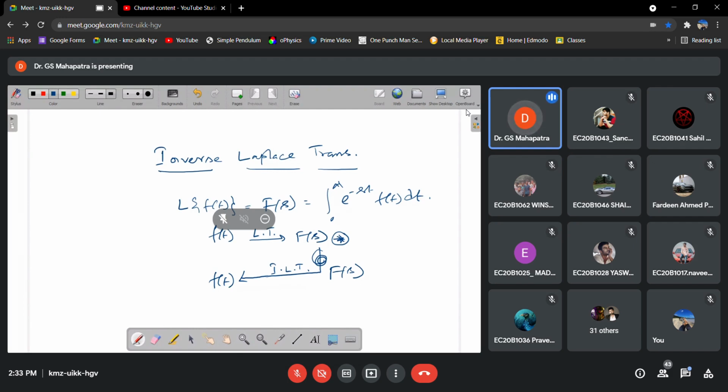What you have to do is know some well-known Laplace transforms, reduce the right-hand side function to that standard form, then use the inverse Laplace transform, and you can write f of t directly.